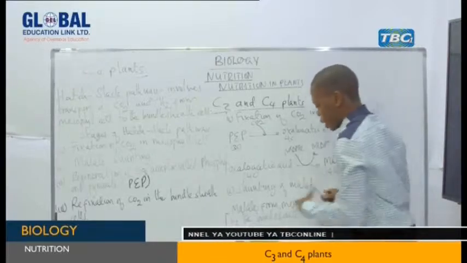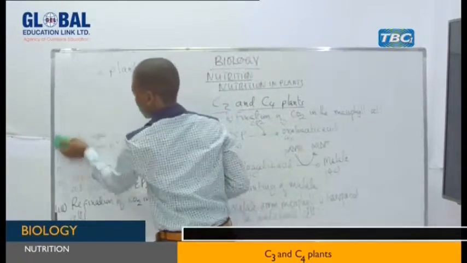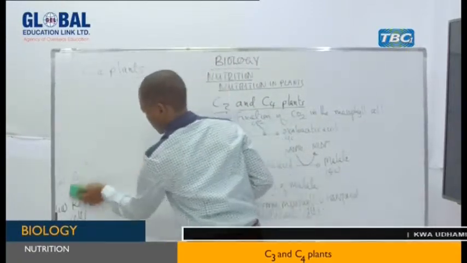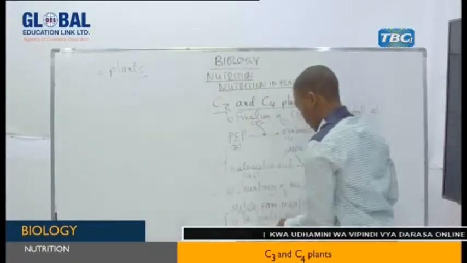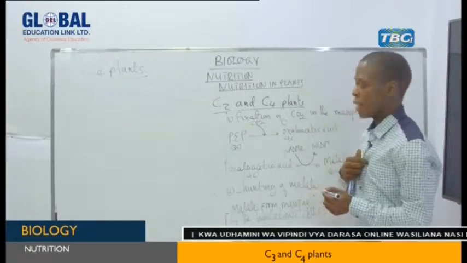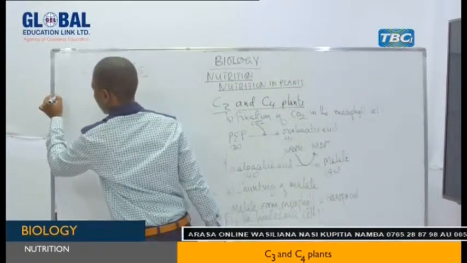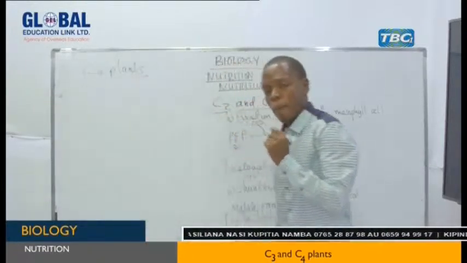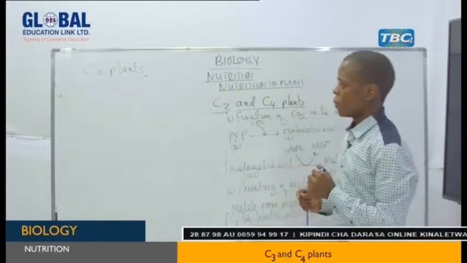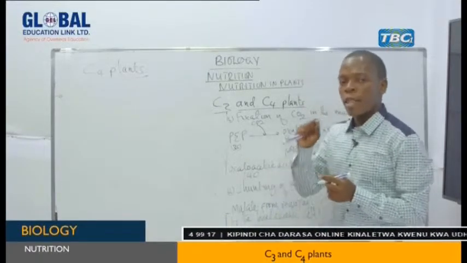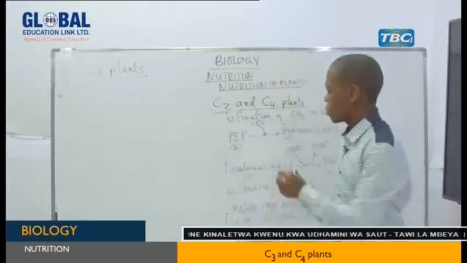After transportation of this malate, in the bundle sheath cells, malate dissociates to form carbon dioxide and a 3-carbon compound known as pyruvate, or pyruvic acid.